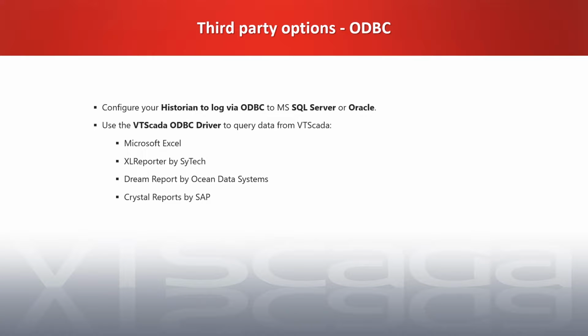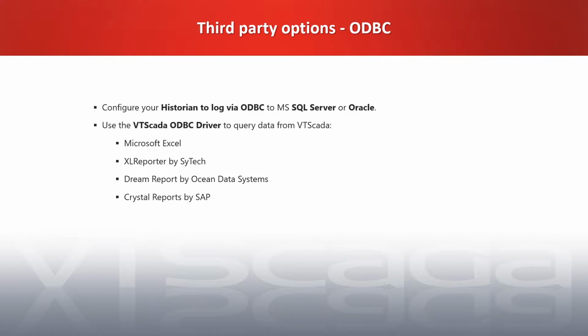Okay, so now we'll move into the second broad category I was talking about. These were all the options we talked about using just VTScada, and possibly an installation of Excel. How can you access all the data we are recording in VTScada, all this historical data, from outside VTScada?